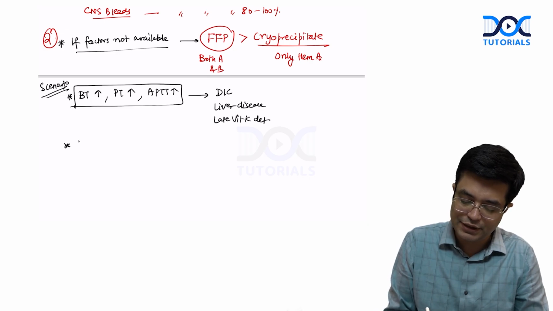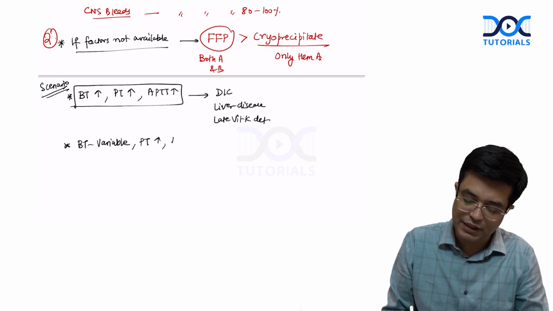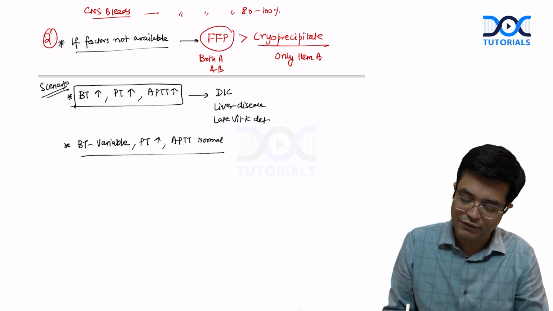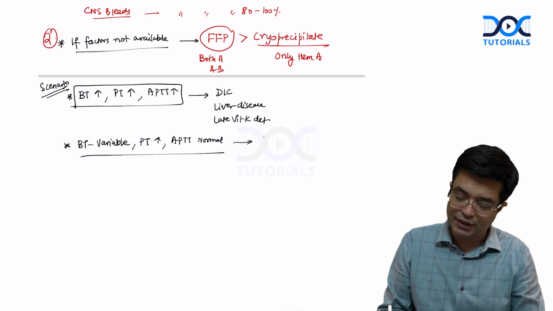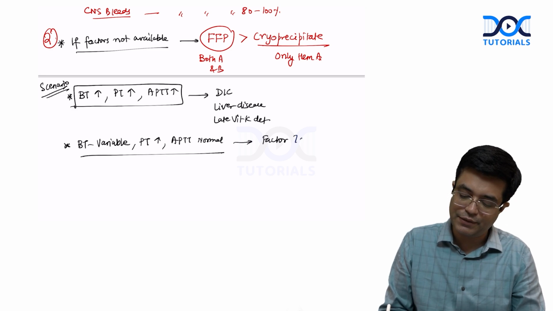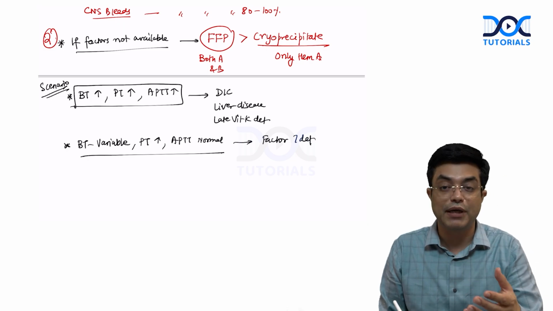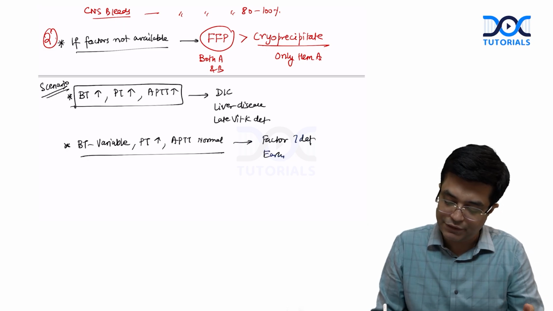But if examiner says BT is variable, prothrombin time is increased, but APTT is normal, in such a patient, what will you suspect? You will suspect either factor 7 deficiency or early vitamin K deficiency.